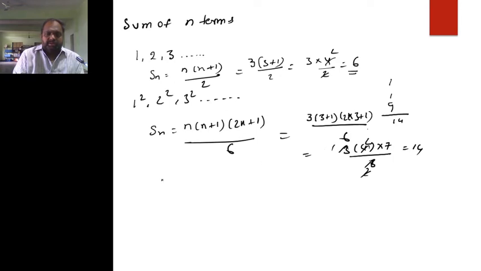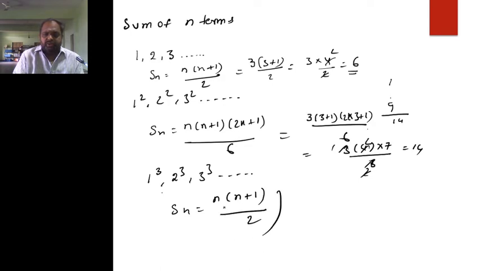Next, Aryabhat also gave cubes, sum of cubes, 1 cube, 2 cube, 3 cube and so on. Sum of n terms is equal to n into n plus 1 by 2 whole square. Again here 3 into 3 plus 1 by 2.